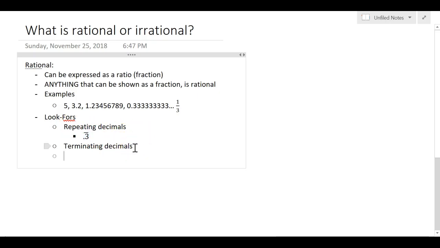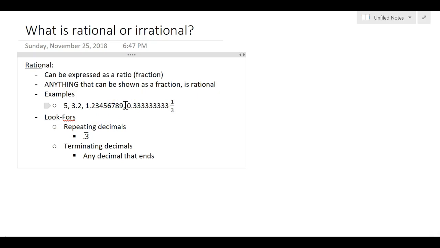Terminating decimals mean any decimal that ends. So as we saw above, 3.2, 1.2, 3, 4, 5, 6, 7, 8, 9. There's no ellipsis after that, therefore it ends. It is done. It has terminated.